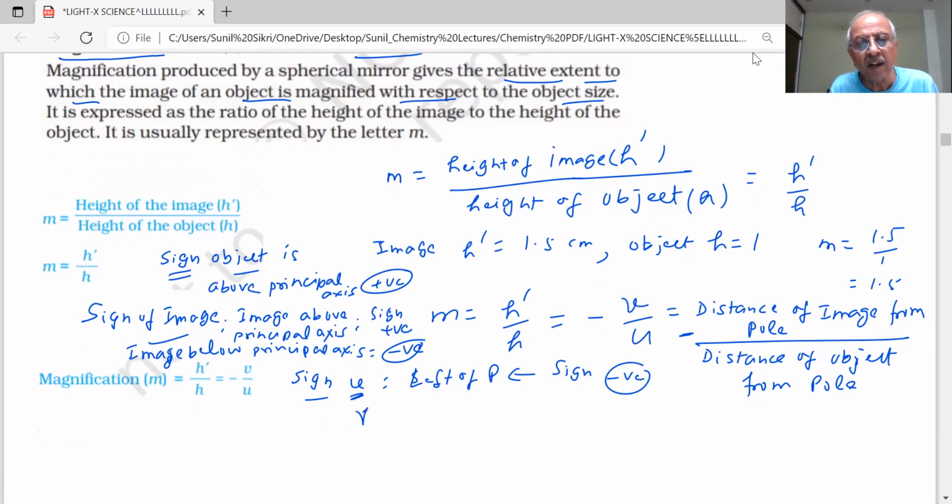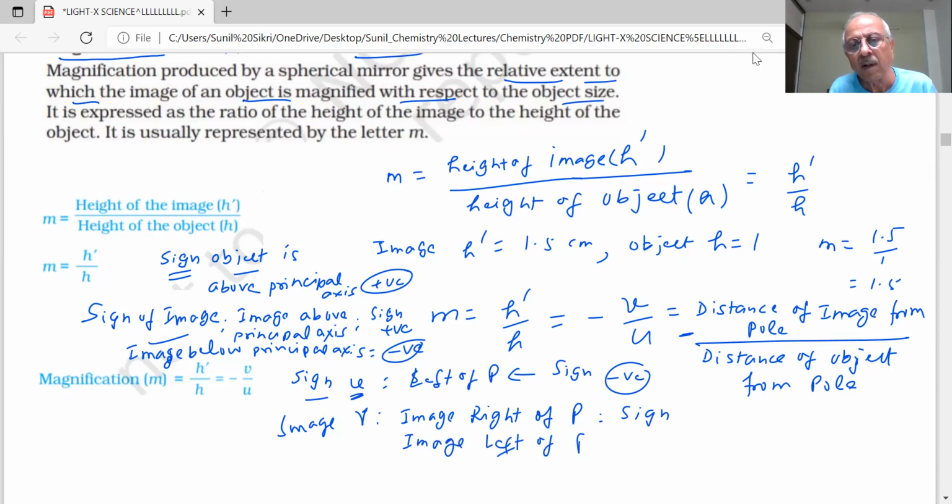And v for the image: if the image is formed to the right of the pole, what will be the sign? Positive or negative? Right of the pole means positive. And if the image is formed left of the pole, then what is the sign? Minus, negative. Is it clear?